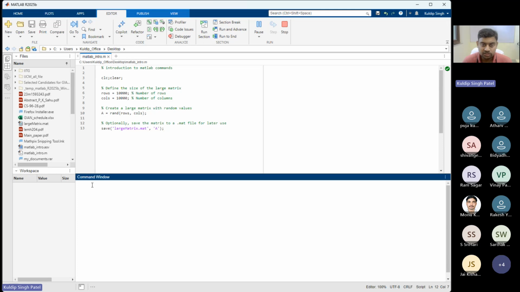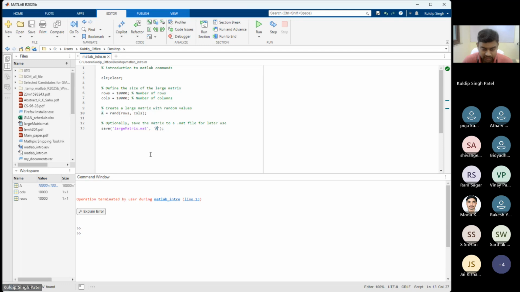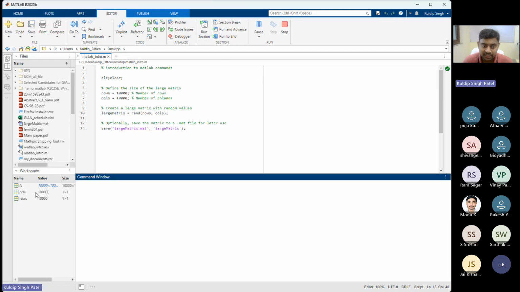The idea is simple: it will take some time. You see here, a 10,000 by 10,000 matrix is stored. How many columns? 10,000. How many rows? 10,000.